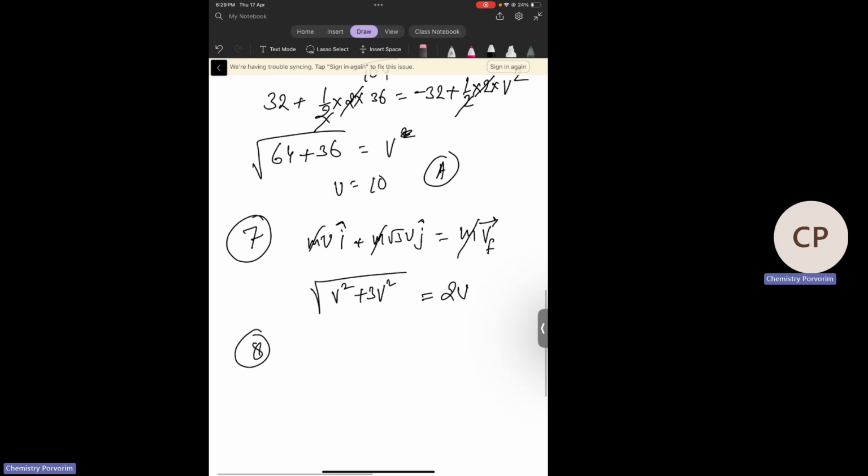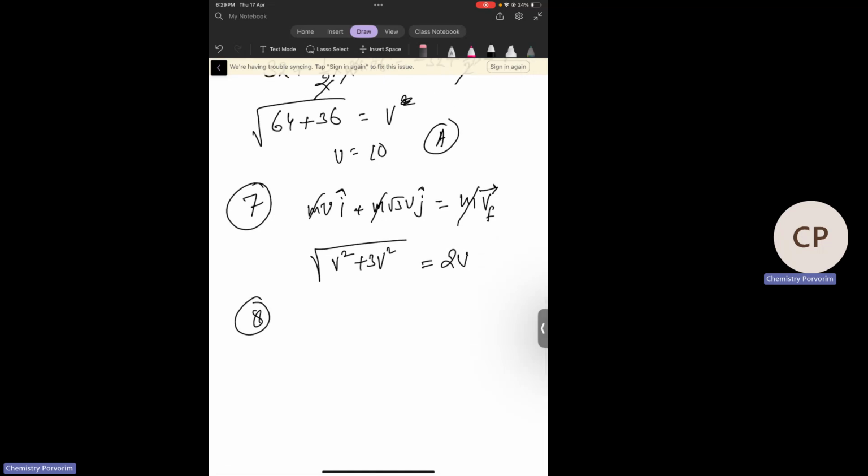Question number 8. The output power of an automobile engine is advertised to be 200 horsepower at 3000 rpm. Okay, power is equal to tau omega. 200 horsepower, 750, is equal to tau omega, with 3000 rpm, 2 pi n by 60.